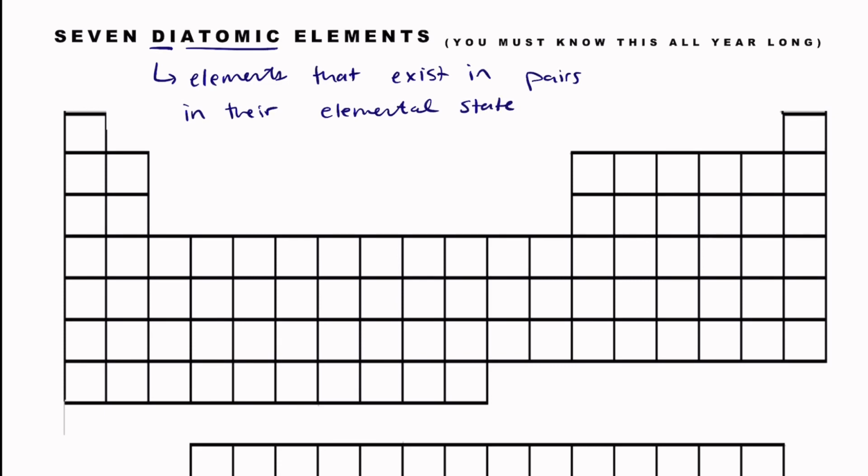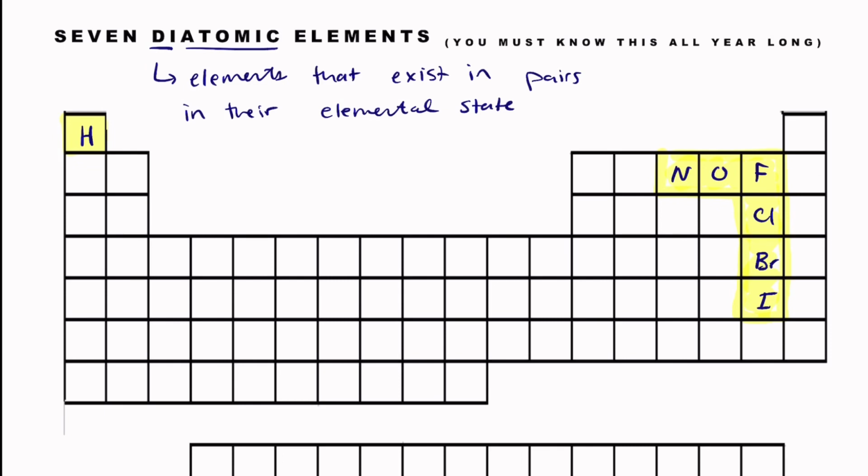And we have 7 of them. We have nitrogen, oxygen, fluorine, chlorine, bromine, and iodine. That's 6, and then hydrogen. So notice we have 7 of them. Just so happens that they form a 7 on your periodic table, so that might help you remember. But don't forget your hydrogen.